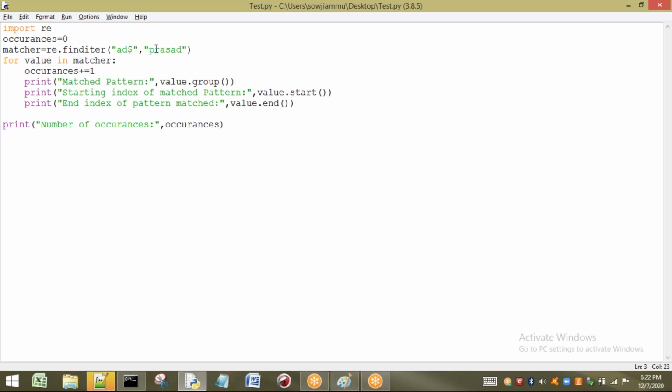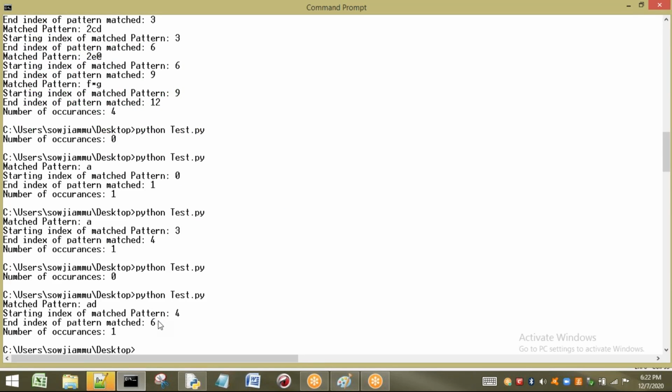Yes. So from where is it going to take? 0, 1, 2, 3, 4. Starting index is 4 and ending index would generally be 5, but end will print 6, because this method is always setting end +1. So the answer is starting at 4 and end at 6. So only one match.